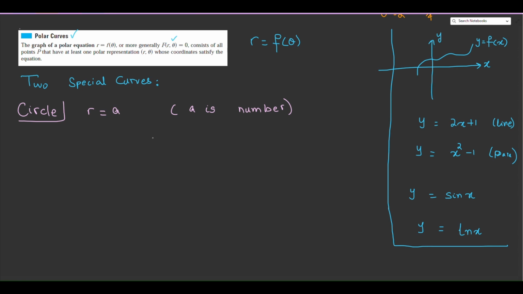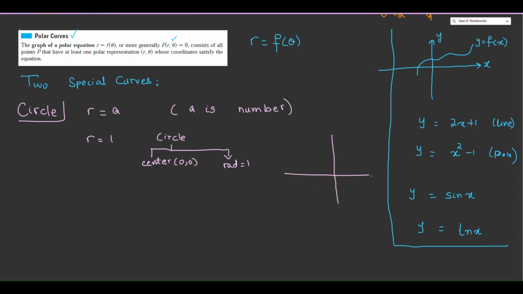So for example, think about this, r equals 1. What is this? This is a circle. Its center is (0, 0) and its radius is equal to 1.